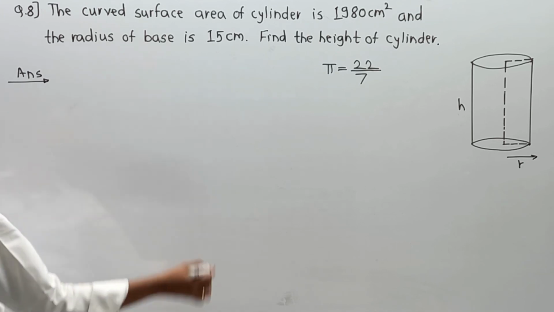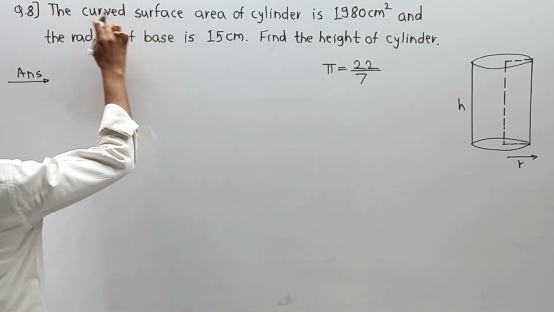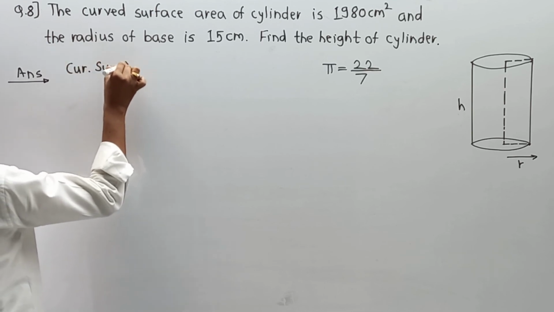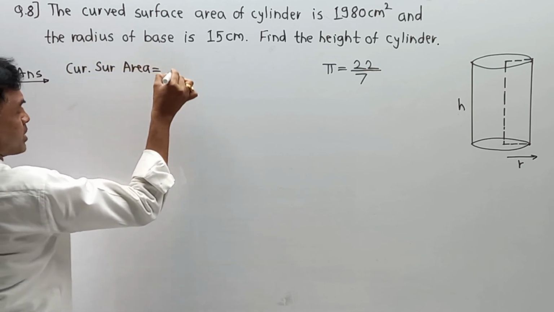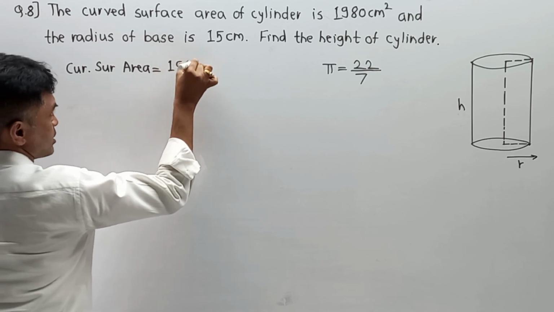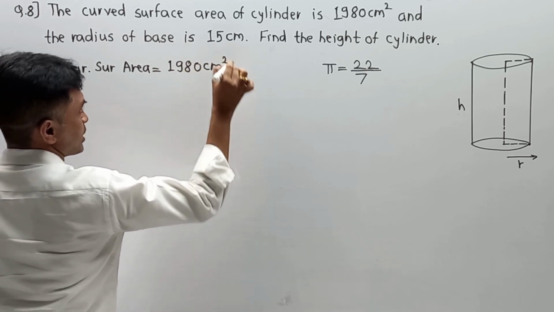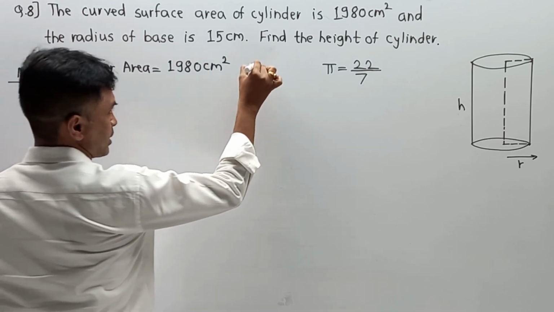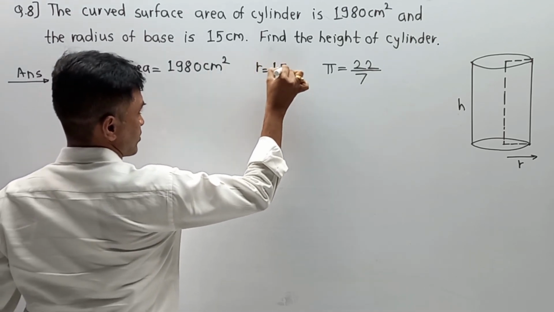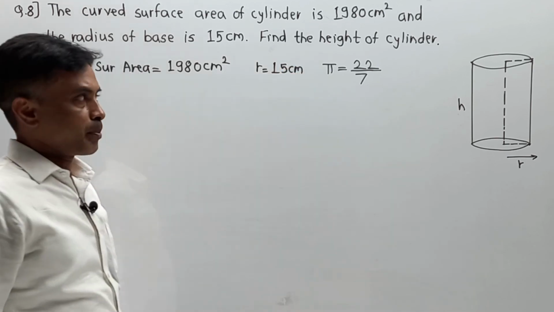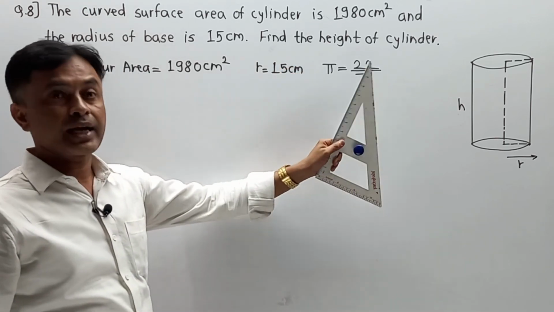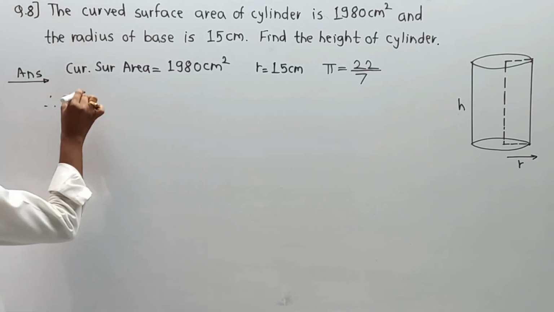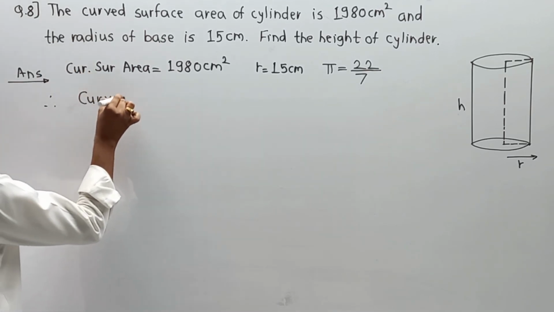In that case some data is already with us. First, the curved surface area, this is with us, 1980 square centimeter. At the same time, we know the radius of the base is 15 centimeter. Pi they have already given as 22/7, and naturally we have to calculate h.